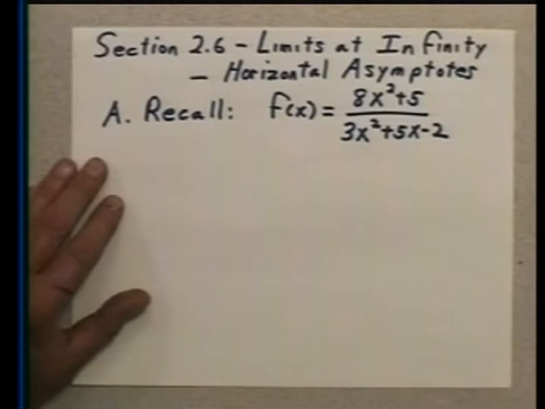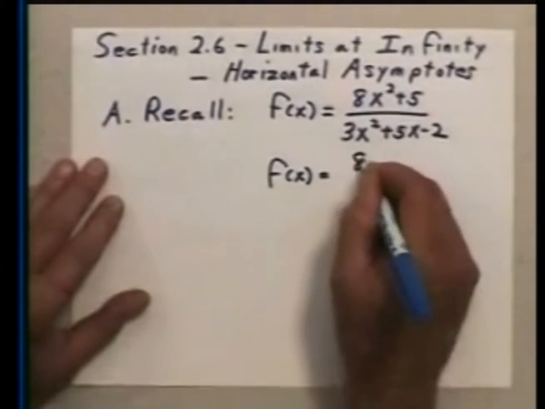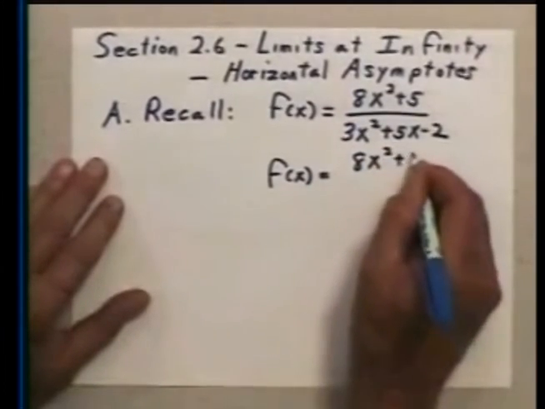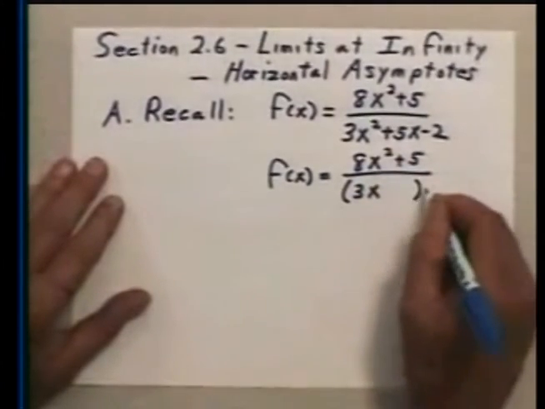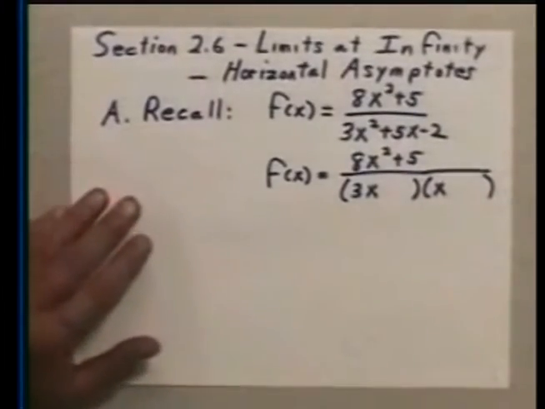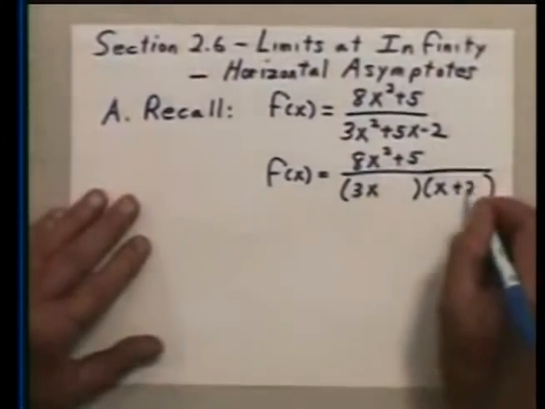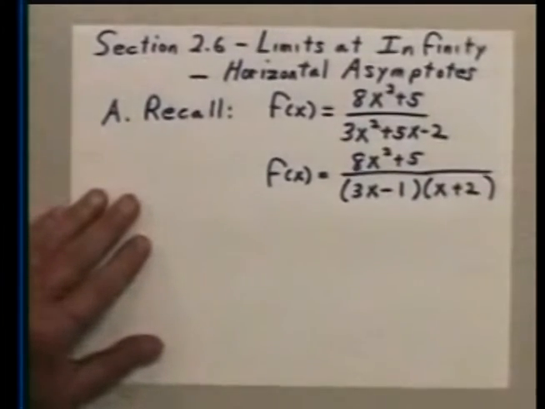Remember? If I take f of x and factor the denominator, which would probably be 3x and x for sure, and it would probably be a plus 2 here and a minus 1 there, I would guess, right? Something like that.